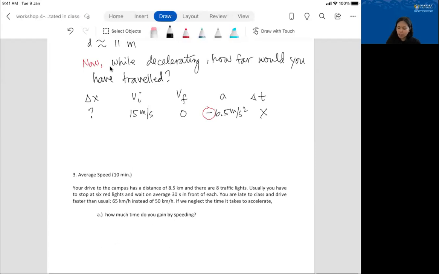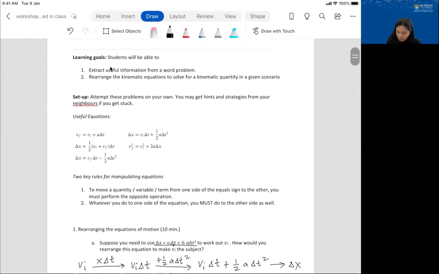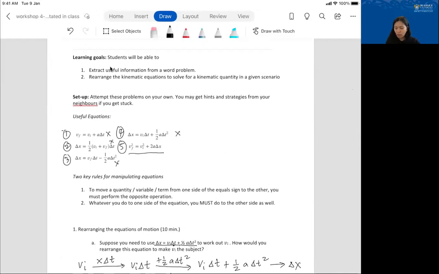So you look at your kinematic equations here, equations 1, 2, 3, 4, and 5. You don't know delta t, so anything that involves delta t is useless for solving the problem. You're only left with vf squared equals vi squared plus 2a delta x.